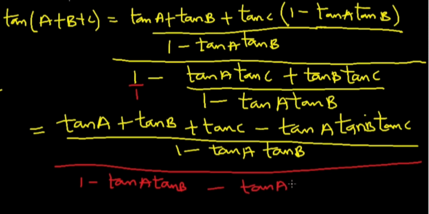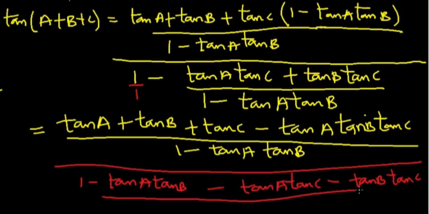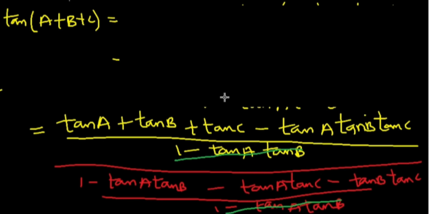Minus tan A tan C. Now don't forget this minus will have affected this when I do the LCM, so I'll have a minus here, minus tan B tan C, all over 1 minus tan A tan B. In that case, you can see that the denominators cancel. After I've cancelled the denominator, can you see how I've gotten an answer?